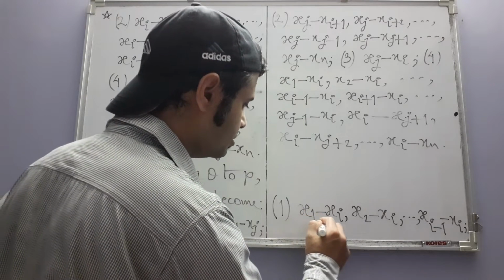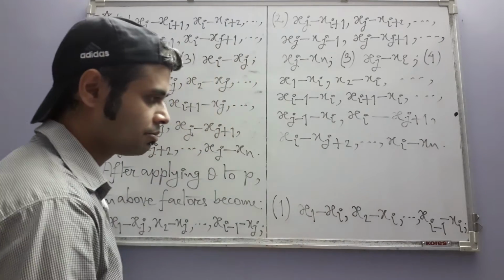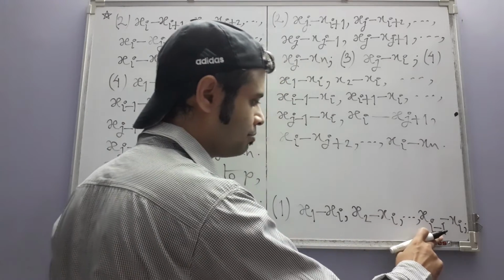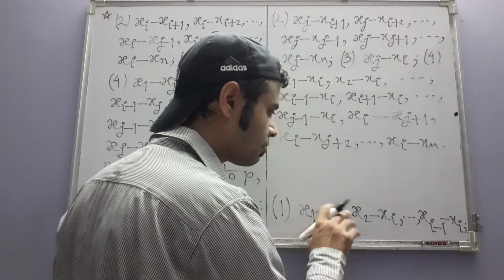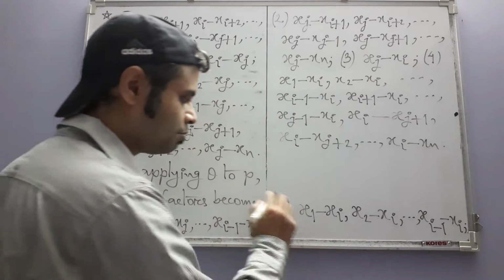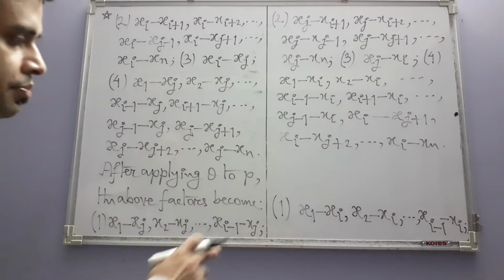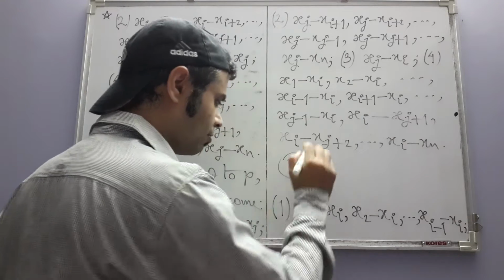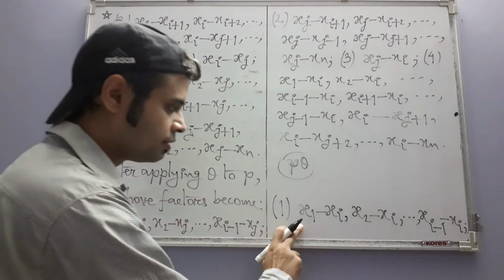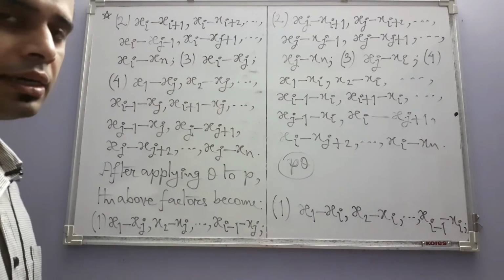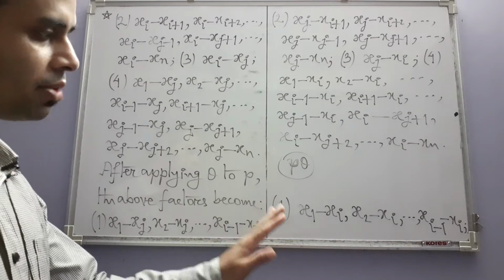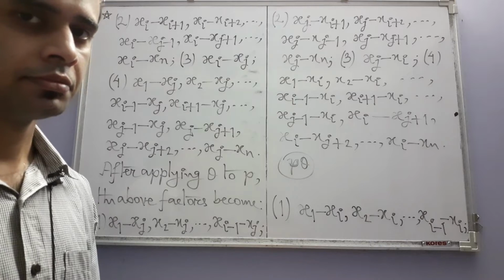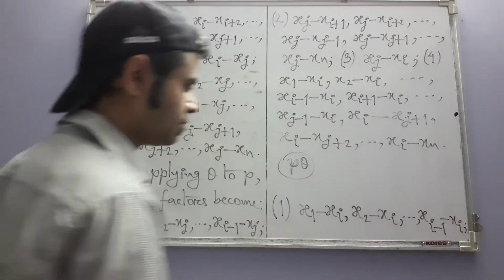There is no problem with these x1 minus xi, because here all the suffixes starting from here all the way up to i minus 1, these first suffixes are all less than i. So even after applying theta to p, and you are now looking at these changed factors, they do not offer any difficulty. They can be just simply kept like this. So this part does not affect anything.